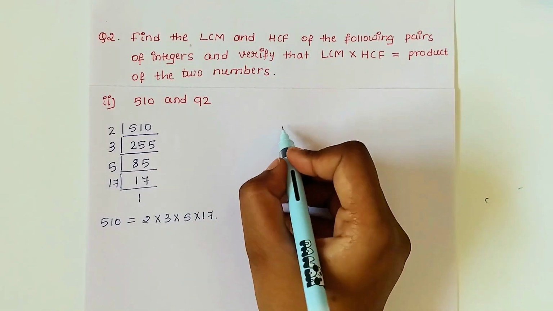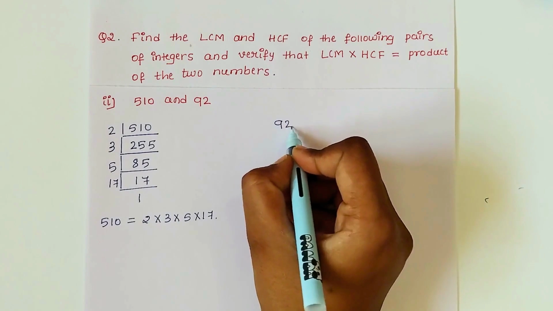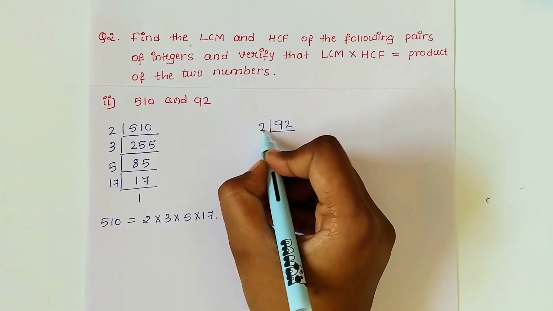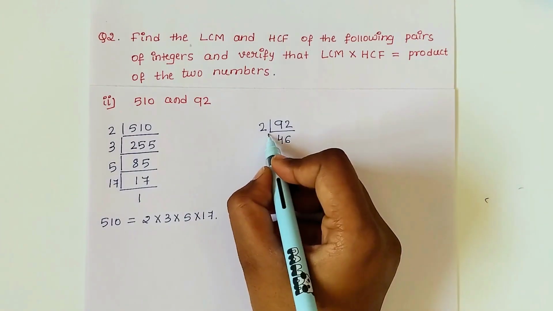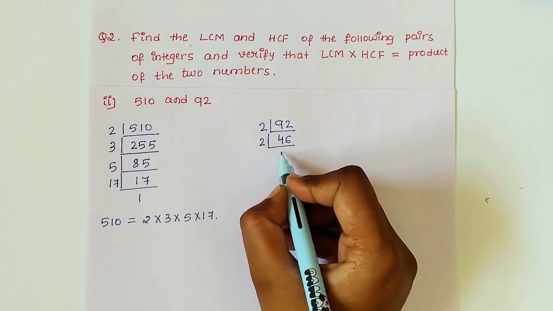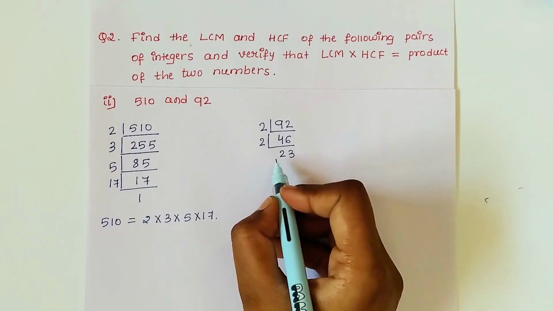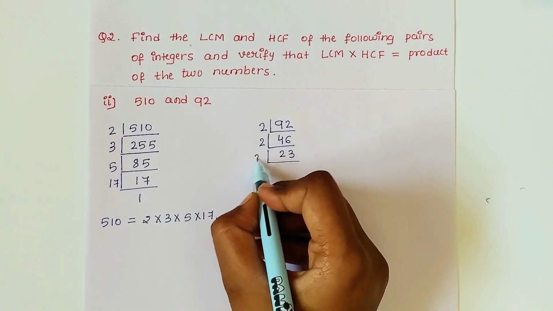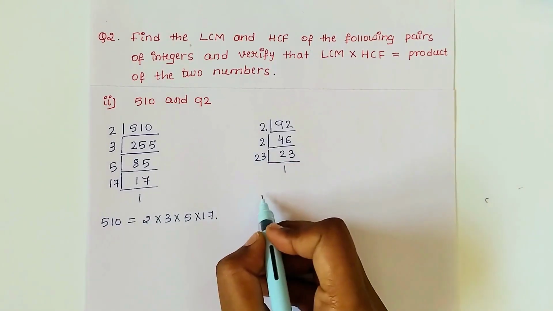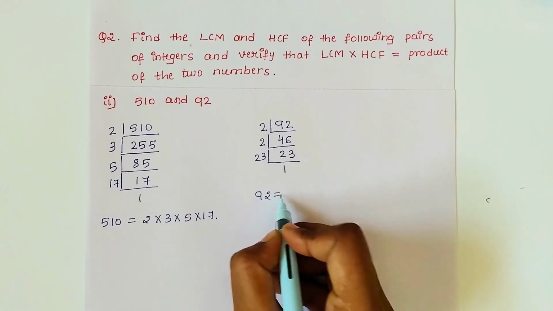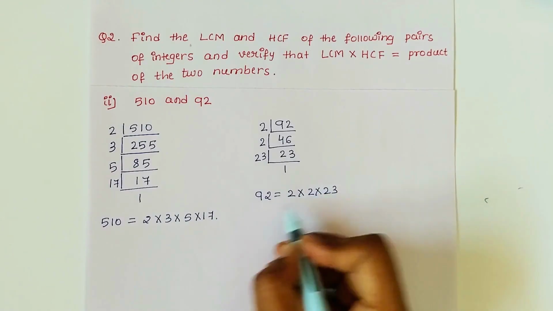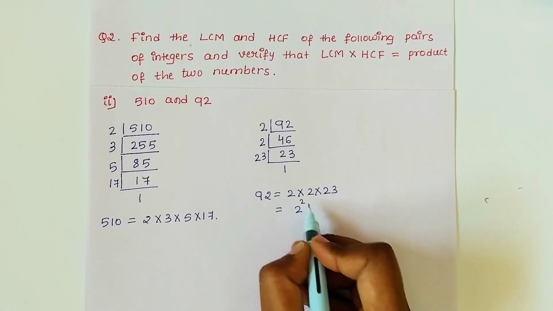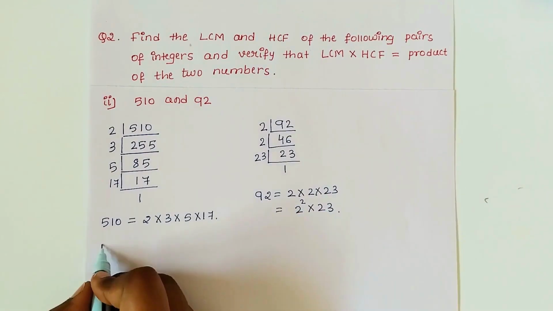Next, get the factors for 92. Start with 2, 2 4s are 8, 2 6s are 12. Again take down 2, 2 2s are 4, 2 3s are 6. So 23 is a prime number, 23 ones are 23. So write down 92 as 2 into 2 into 23, that is 2 to the power 2 into 23. So what is HCF?